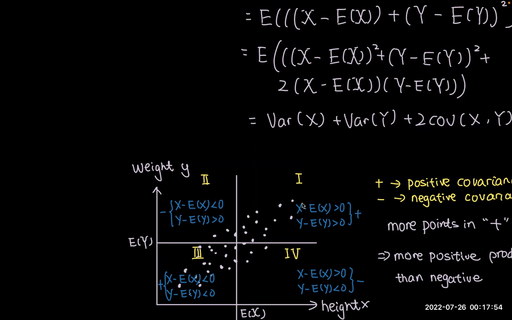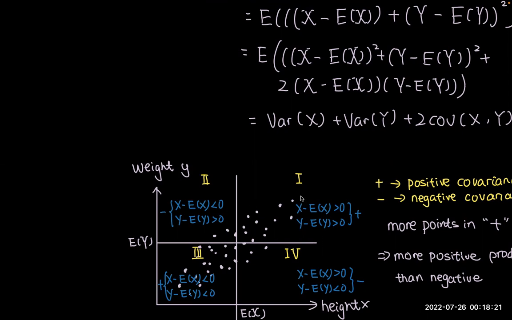For this one, x minus Ex is bigger than 0, y minus Ey is bigger than 0, so their product is positive. And for this one, x minus Ex is less than 0, y minus Ey is bigger than 0, so their product is negative. And similarly for this one, x minus Ex is less than 0, y minus Ey is less than 0, negative times negative, their product is positive. And for this one, it's negative.